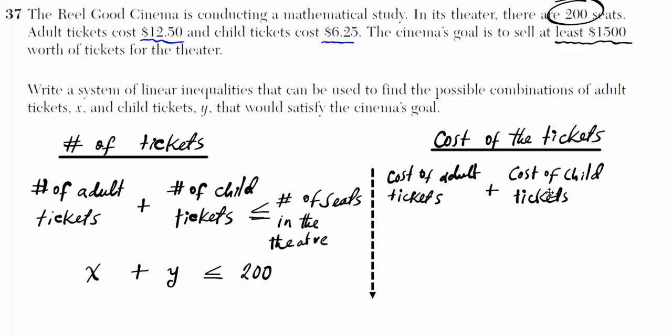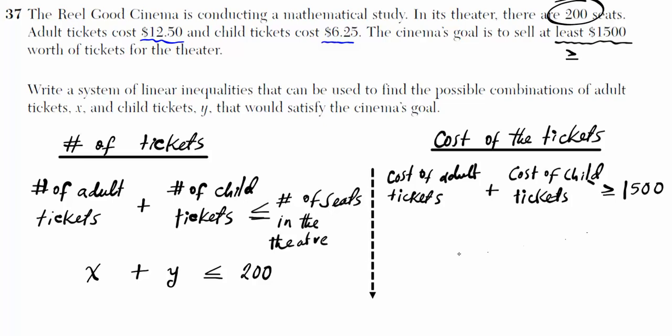That is the goal. What does at least mean? It means it should be 1,500 or greater. So at least means greater than or equal to. So this should be greater than or equal to 1,500. That's the minimum amount that they want.